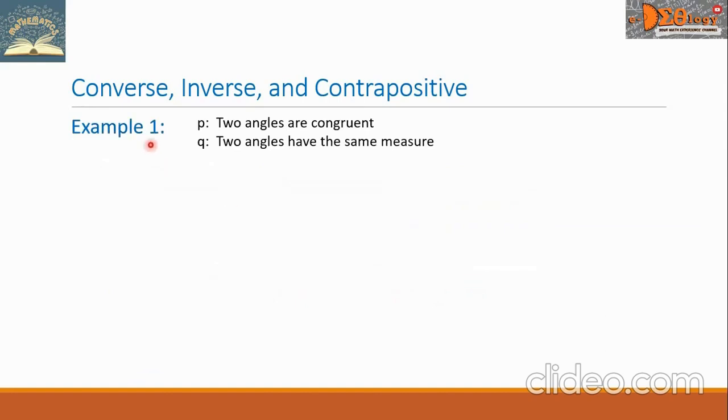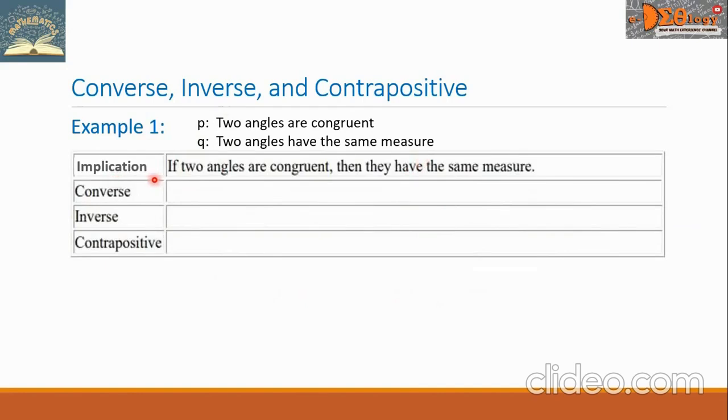Let us see example 1. Proposition P, two angles are congruent. Proposition Q, two angles have the same measure. For our implication, we write if two angles are congruent, then they have the same measure.